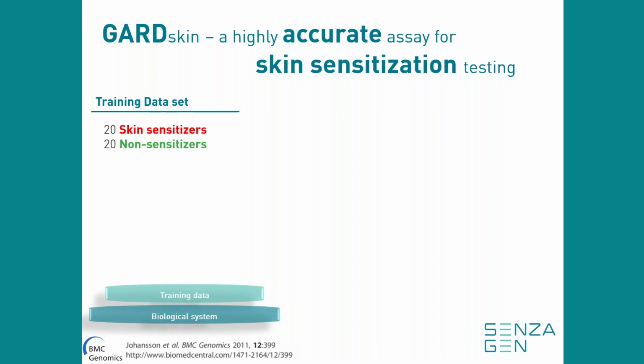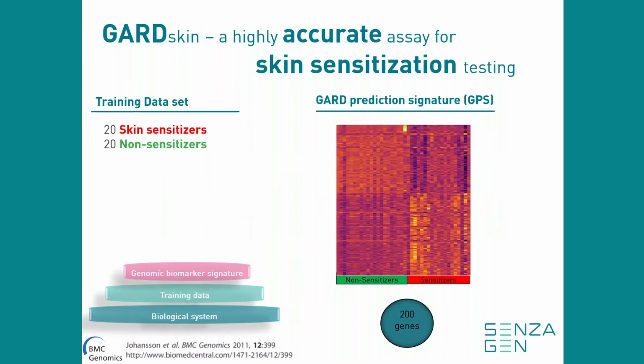We stimulate our cells, and we identify genomic biomarker signatures using our data-driven approach. This is the same data as I showed previously: the 200 genes that form the GARD prediction signature for skin sensitization. On top of that, we add our pattern recognition model.